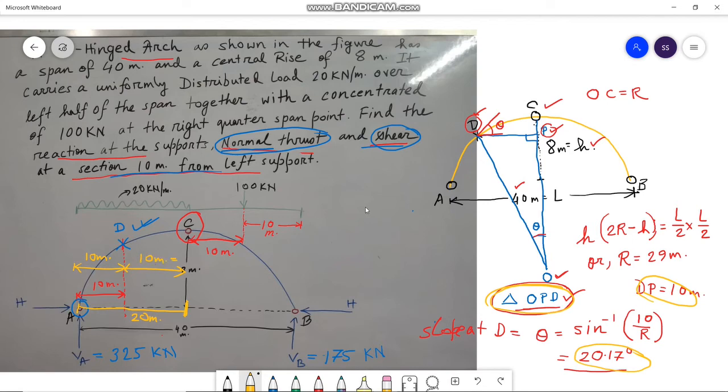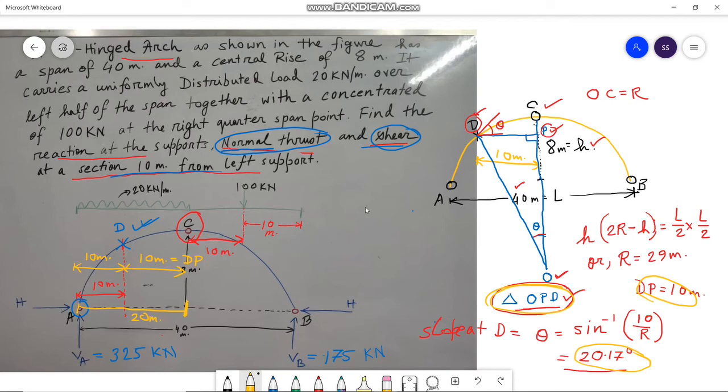So this is dp. The same thing applies here. This is dp, that is 10 meter.